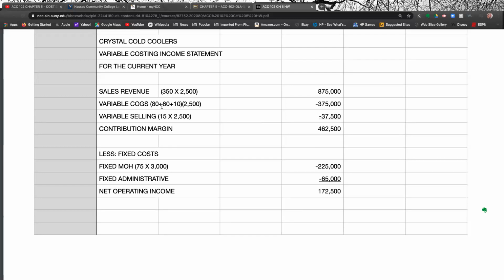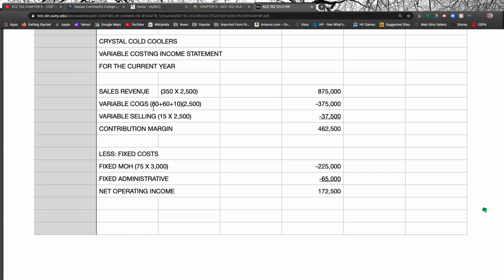So we have variable cost of goods sold being made up of direct materials of 80, direct labor of 60, and variable overhead of 10. So if I add those three together and multiply it by 2,500 units, it comes out to 375,000.